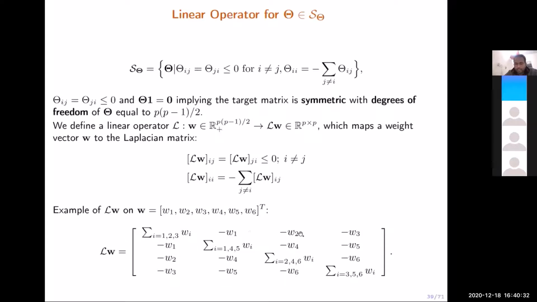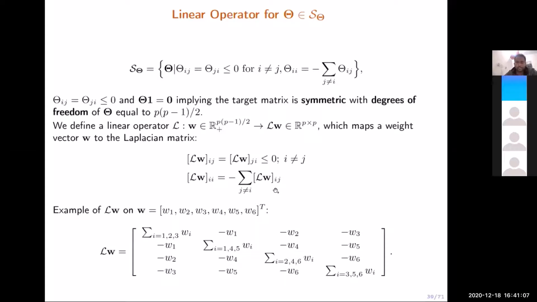The upper diagonal elements are the only variables; the lower diagonal elements are the same as the upper ones, and the diagonal element is a linear combination of the non-diagonal elements. So we have defined a transformation L, which takes a weight vector, suppose W1, W2, W3, W4, W5, W6, and maps it to the Laplacian matrix. So this is the Laplacian matrix corresponding to this weight vector.